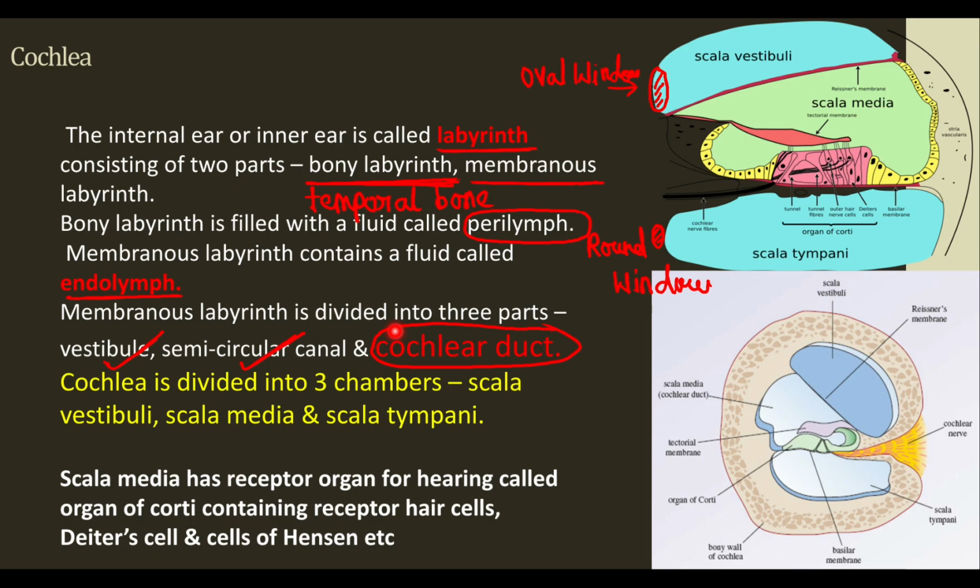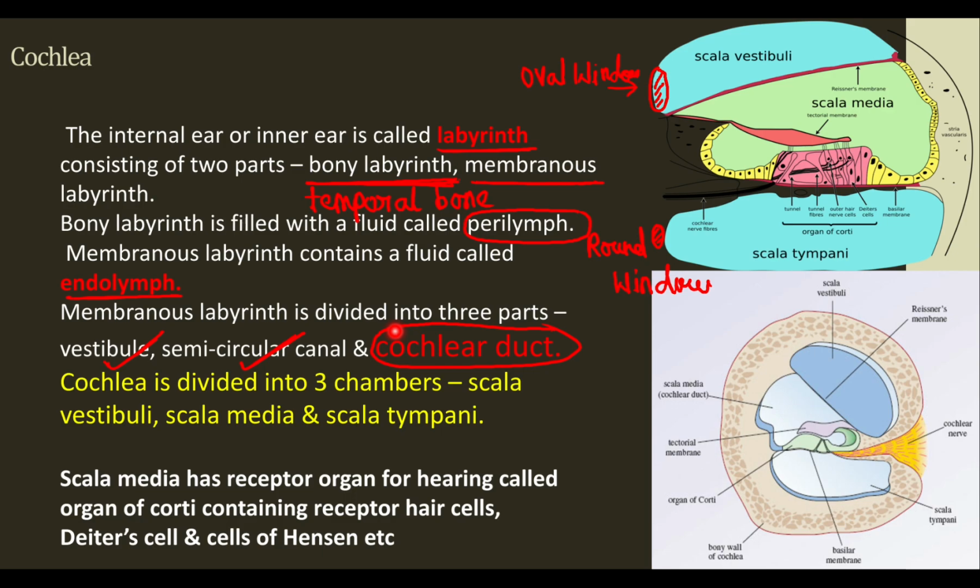What happens? Try to understand it, this is very important. The sound wave comes and strikes the cochlea, the cochlear duct, and then we decode that sound wave and hear it. How it happens, that mechanism we will see in detail.